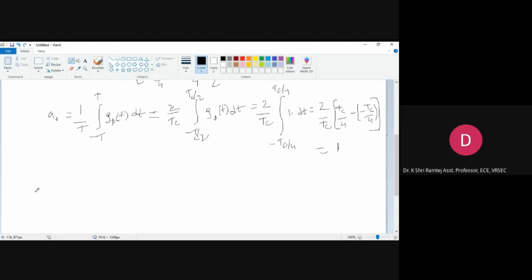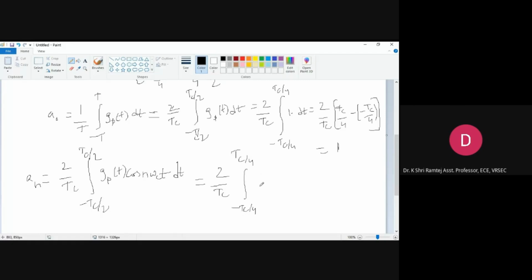Similarly, the value of an will be 2 by Tc times integral from minus Tc by 2 to Tc by 2 of Gp of t cos n omega ct dt. If we substitute the value of Gp, again the limit becomes minus Tc by 4 to Tc by 4.